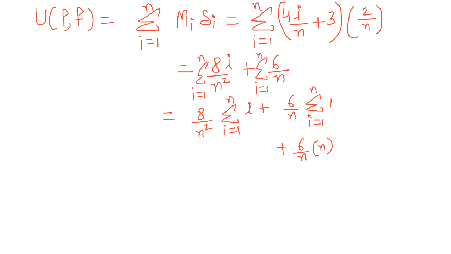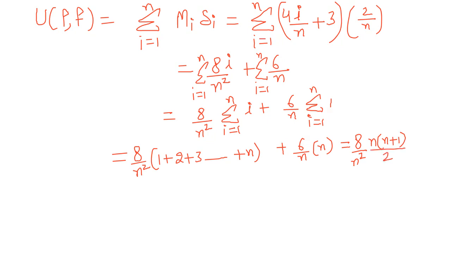So it is 8 by n square, 1 plus 2 plus 3 up to n. So it is 8 by n square, n into (n plus 1) upon 2, plus 6.